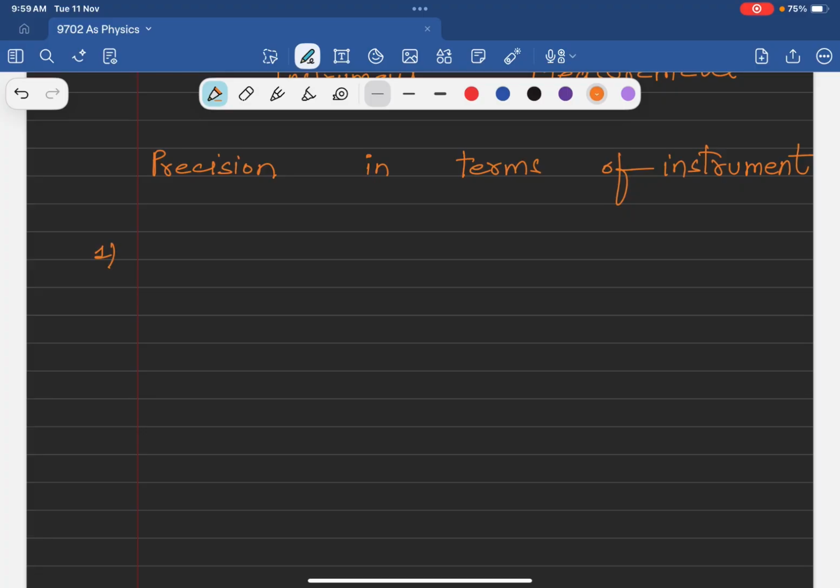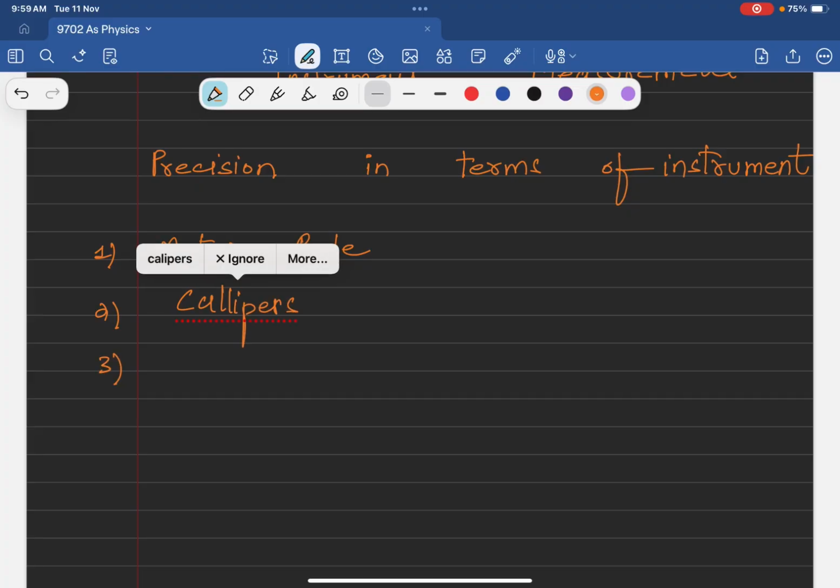Let's say I have a meter rule, vernier calipers, and a micrometer.